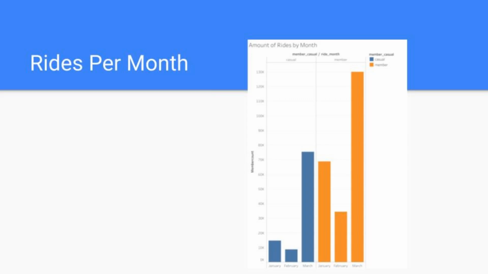For both, the usage is relatively low in the colder months of January and February, and the usage increases a lot in March. While our data only covers the first 3 months of the year, I would say it's safe to assume that rides are going to increase as the weather gets warmer and better outside. We'll touch on that a little later in the presentation.